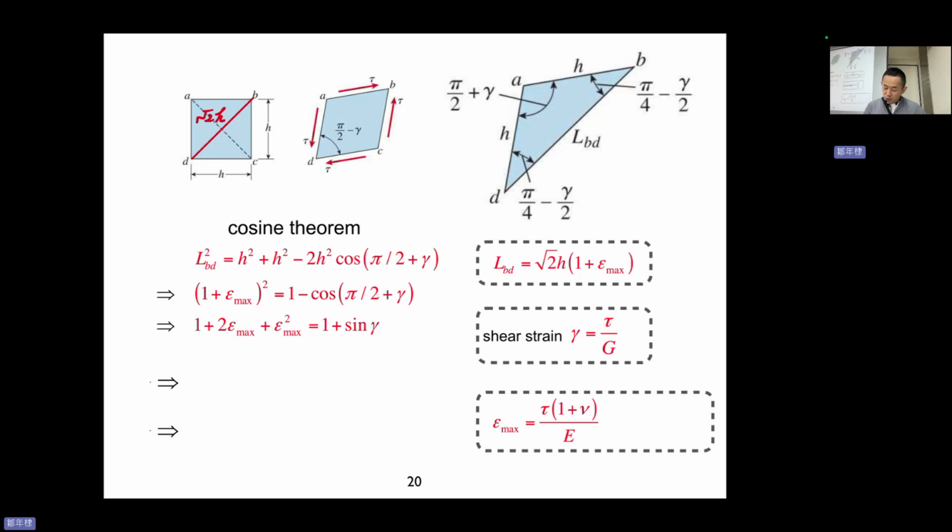And then if you have a pure torsion, so you have pure shear here, and you get this shape, and this line should be elongated, right? And what is the elongation? L_BD, the new L_BD.